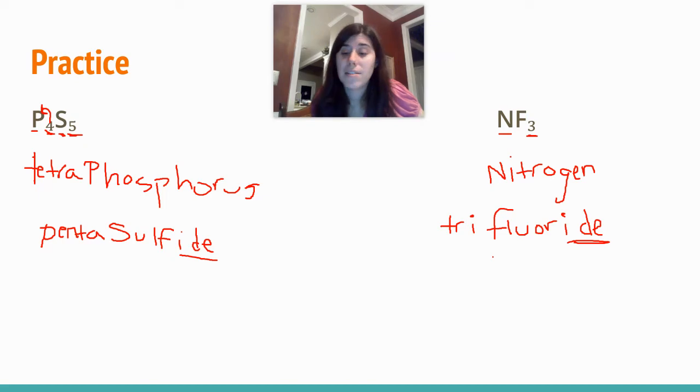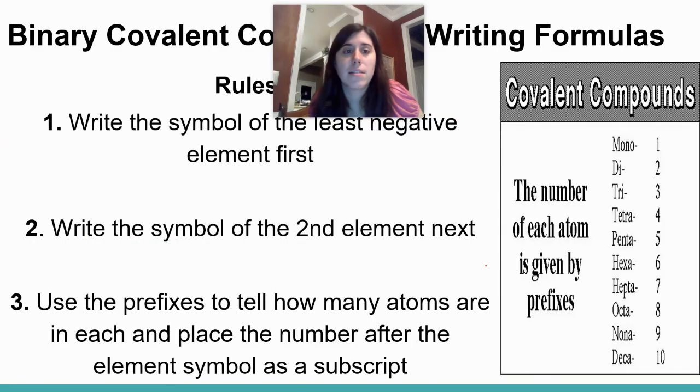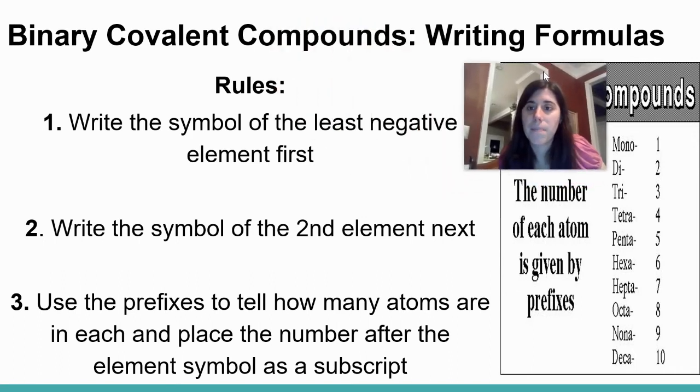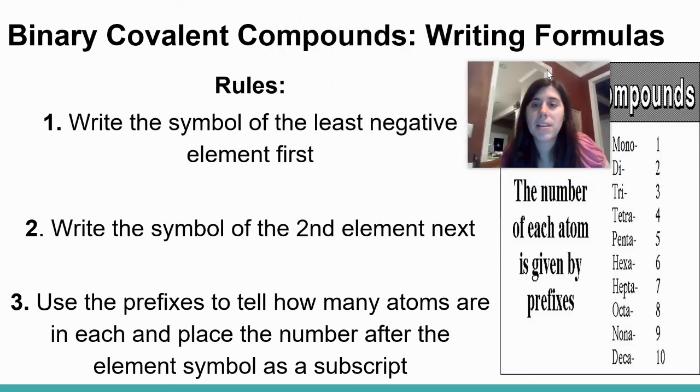Okay? So now let's take a look at our formulas. So let me just move me back over here. Our formulas work pretty much the same way as the names. Instead of writing the name, we're writing the symbol. So again, we're going to use these prefixes to tell us our subscripts. Our first step is whatever name I give you, you write the symbol of that element first.